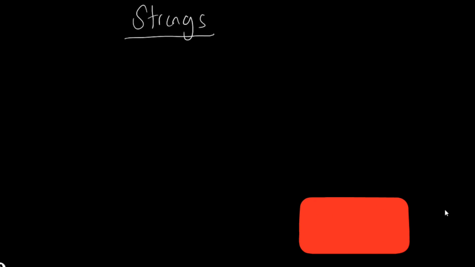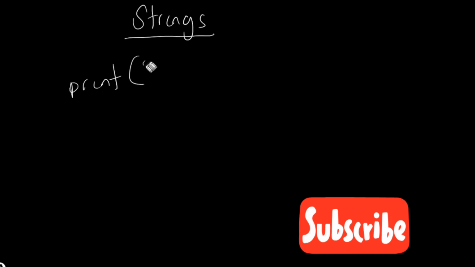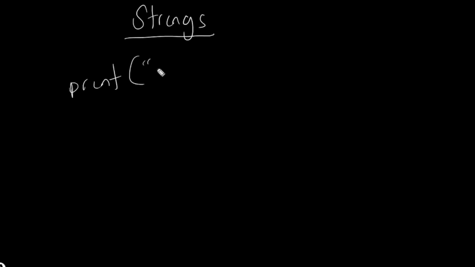Using the print function, if you want to print a name, you use the print function, but this time with double or single quotes. Suppose you want to print someone's name, Aisha, you use double quotes. That's the difference between a string and an integer.